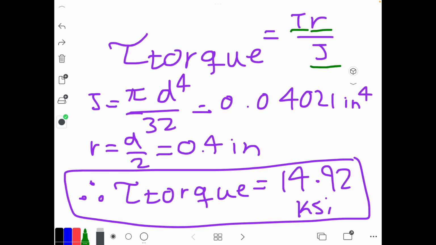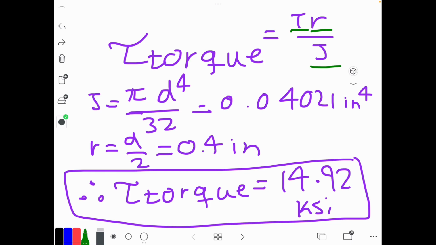On this one, we also have to realize that we are in a round section. This bracket does not have an empty or hollow section. There's not a hole inside this bracket. If you had a hole, the situation for our polar moment of inertia would be different.